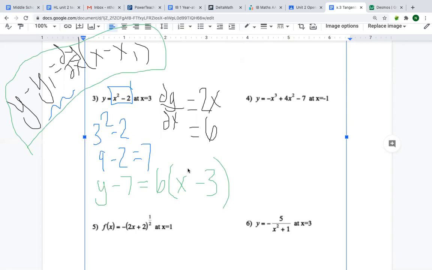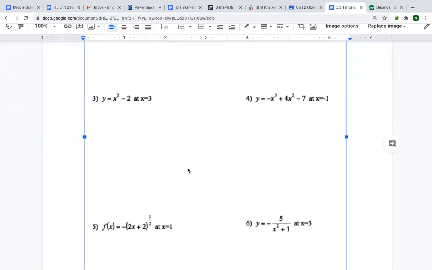Okay, so number 4 is the last one that you need to try. I encourage you to try it on your own. So go ahead, pause the video and try it out, and then come back and check your answer. Okay, so in order to figure this one out, hopefully you took your derivative. So your derivative would be dy dx is equal to negative 3x squared plus 8x.